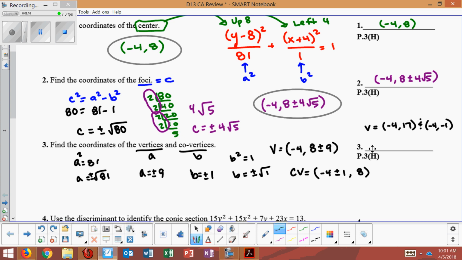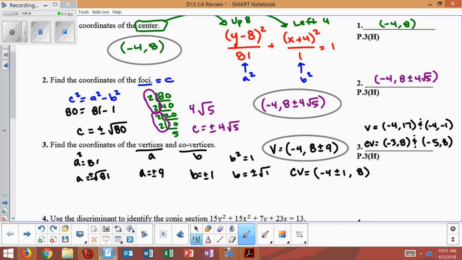There are my vertices. My co-vertices would be negative 4 plus 1, which is negative 3, and negative 4 minus 1, which would be negative 5. Those would be my values, and I'll circle these up.